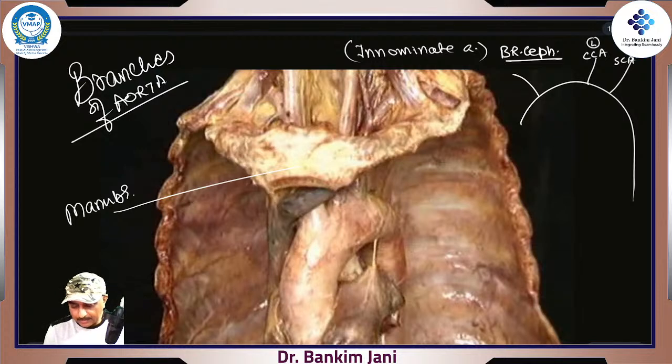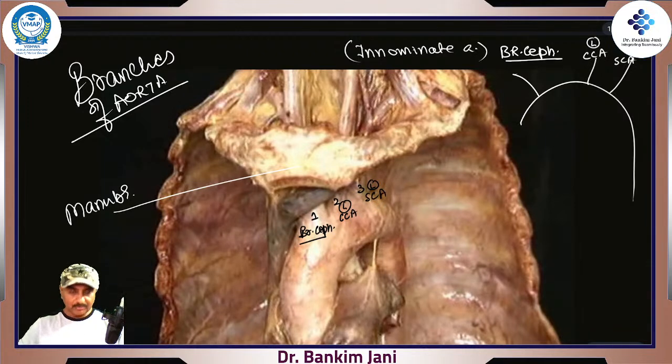And just underneath this, the first one, I'm just writing 1, then this one is 2, and this one is 3. But well, things are not that crisp clear, right? Because if we say this one is the brachiocephalic, this is left common carotid artery, and this is left subclavian artery.